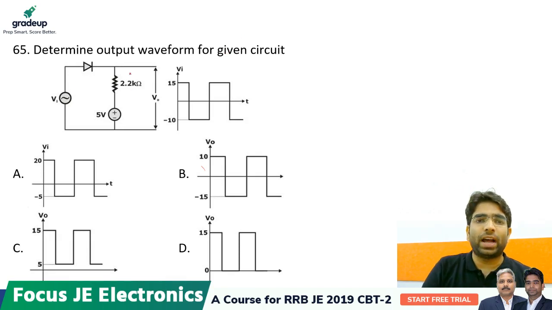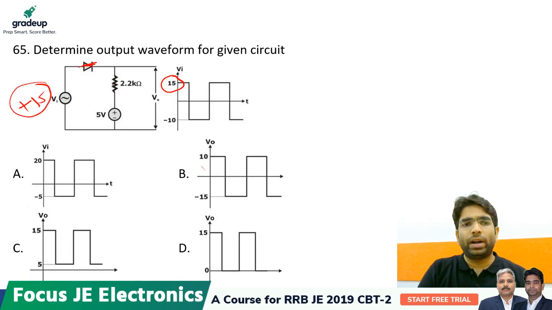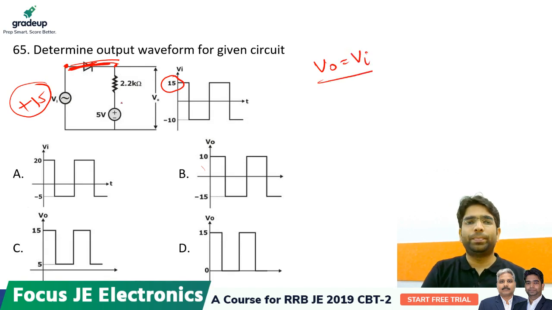The voltage Vi will be plus 15 volts. First, assume that the voltage of plus 15 is present. So diode, here the voltage was 5, here the voltage is plus 15. So the diode will be short circuited, ideal case, and V output will be exactly as V input.